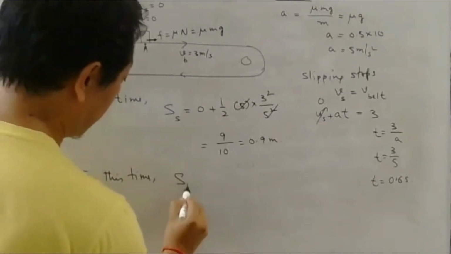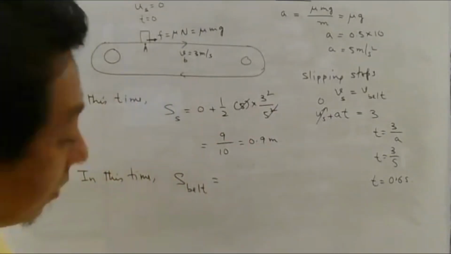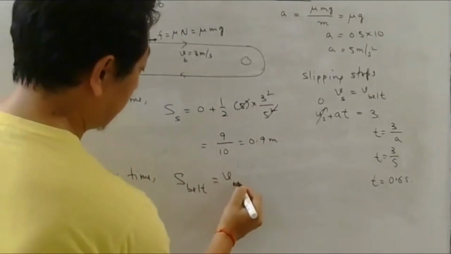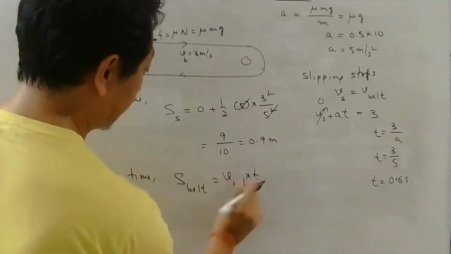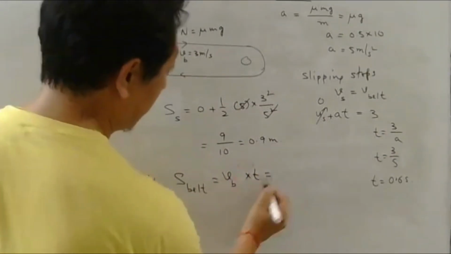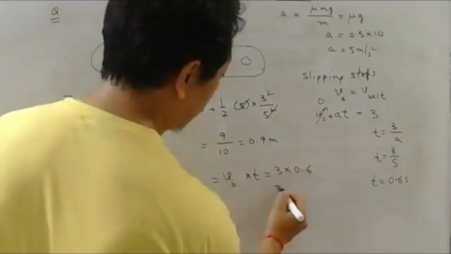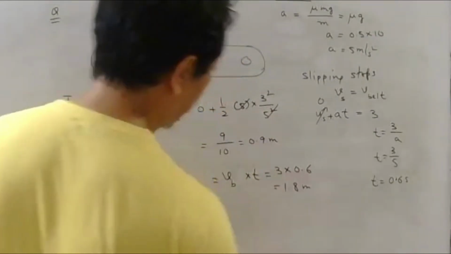In this much time, what is the distance covered by the belt? The belt is moving uniformly, so velocity of belt into time. No acceleration. What is the velocity of the belt? 3 into 0.6, 1.8 meters.